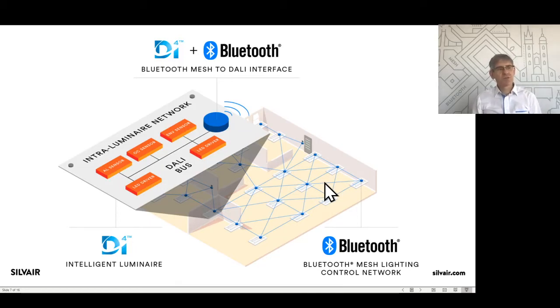So the mesh nodes in Bluetooth behave more like ants in a colony or birds flying in a flock formation. They do not need anyone telling them what to do. They just know what to do and they synchronize with each other to behave properly.